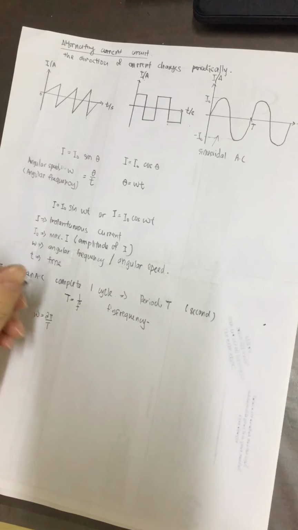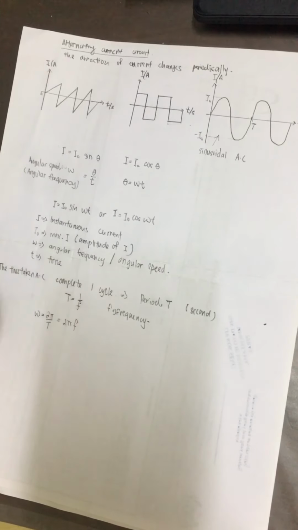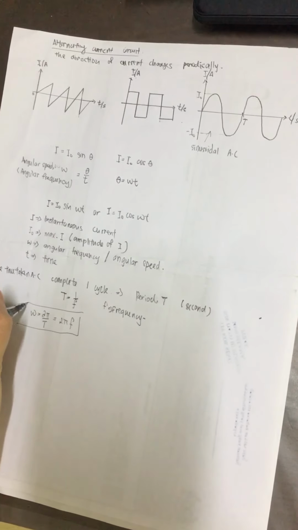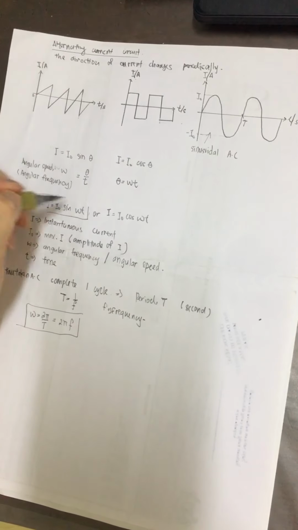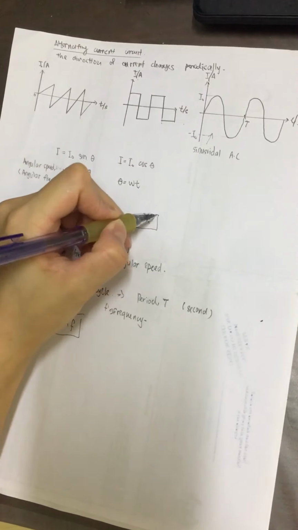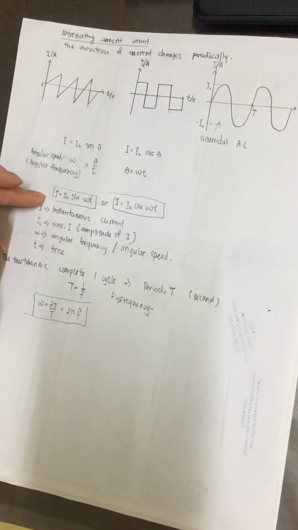So omega is equal to 2 pi over T, and can also be written as 2 pi f. This is very important throughout this chapter. Of course, this represents the current.